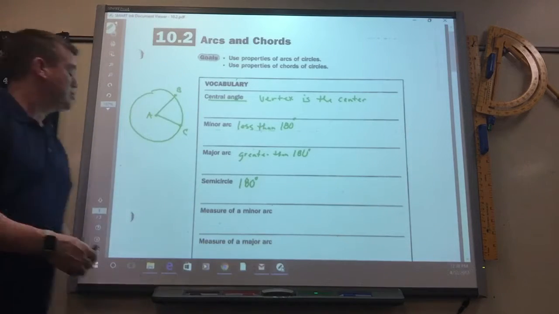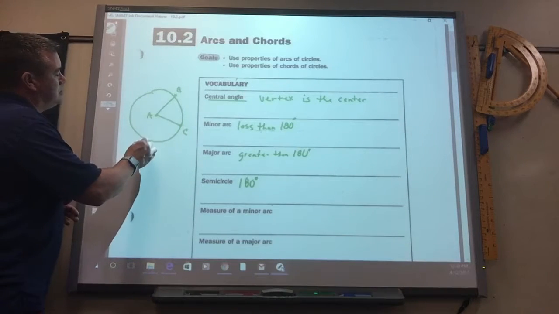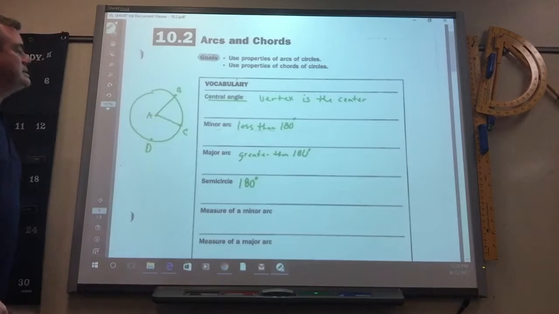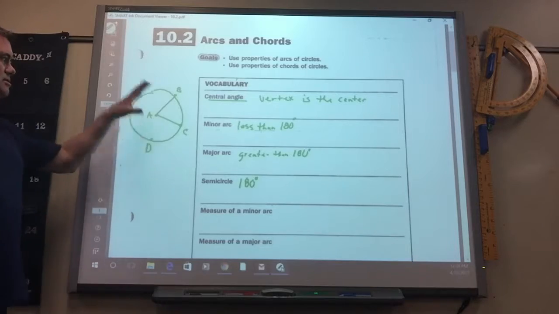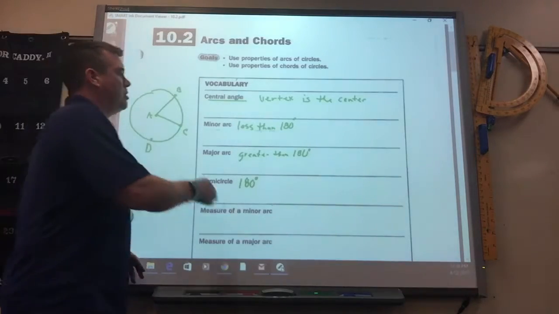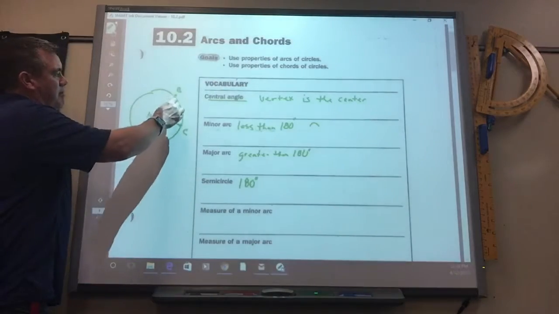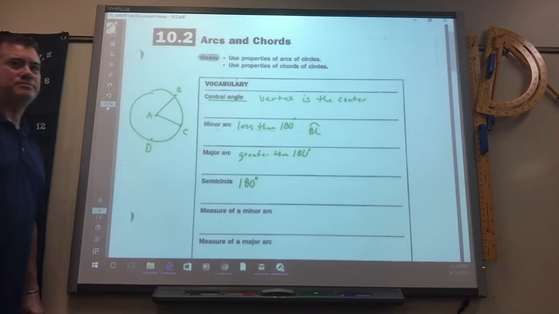Okay? So, if I put some points on here, like that. The way you label an arc is you just put a little arc above it. From B to C is less than 180, so that's a minor arc.